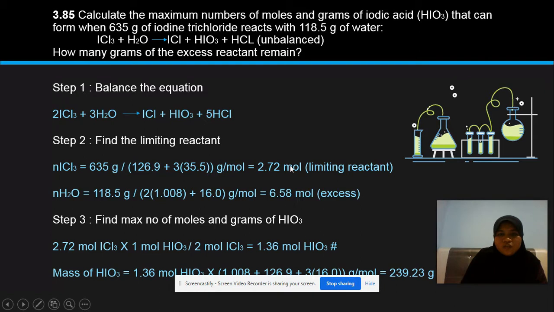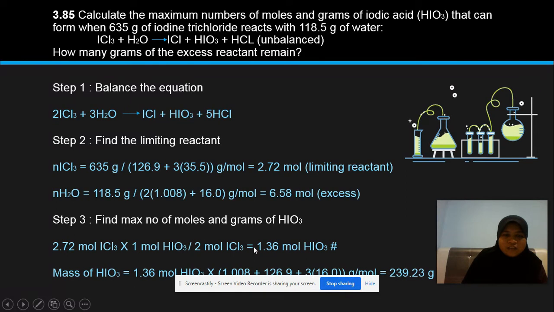So we can compare the number of mole of both reactants, which is smaller. The number of mole for ICl3 is smaller than that of H2O. So automatically ICl3 will become the limiting reactant, while H2O becomes the excess reactant.